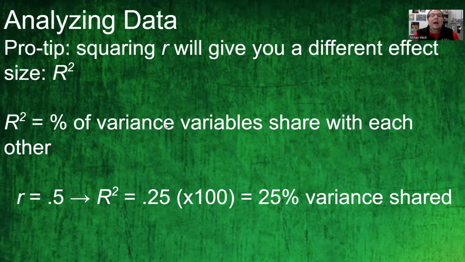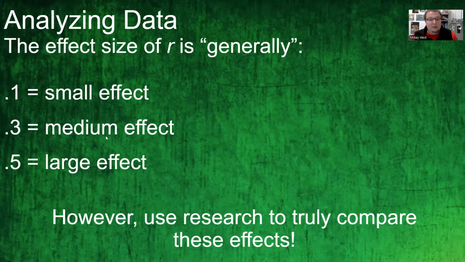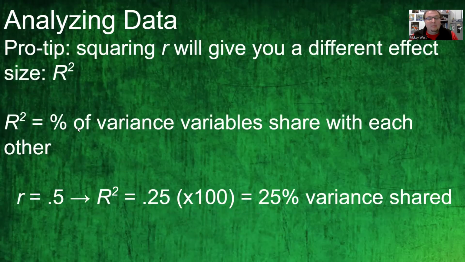Or vice versa, how much does intelligence tell us about the likelihood of a person playing a video game? So whereas with the little r we're looking at just how strongly they're related, the big R squared tells us, based off all of the differences in dots happening in this exchange between these variables, how much of those differences we can understand just based off this one variable's relationship to our first variable.